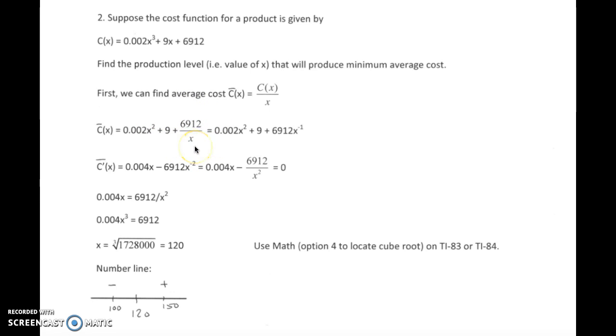And this is totally okay. You can write it either as a fraction or with the -1 exponent. Either way is perfectly okay, right? And then what we want to do now is take the derivative of this average cost function and set it equal to 0, all right?